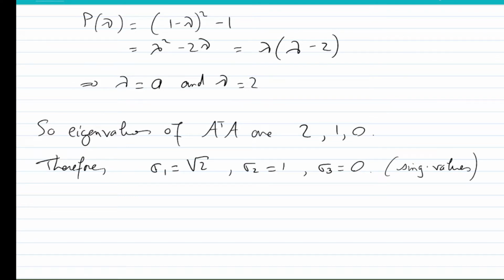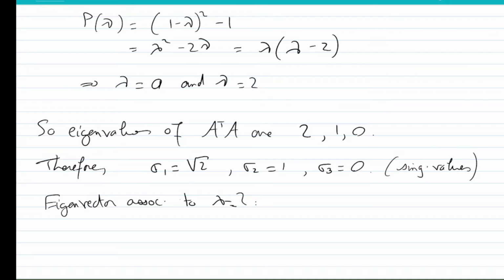Now we need to compute the eigenvectors associated to the eigenvalues, and these will constitute the matrix V. Remember we said we have to compute them in the same order as the eigenvalues, which are in decreasing order. So the eigenvector associated to lambda equals 2. What do I need to do?